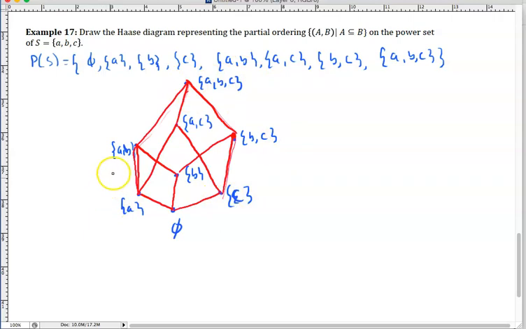Okay? And again, arrows are not necessary because the order follows from the bottom to the top. Okay, so this is an example of a Hasse diagram for this partial ordering of A being a subset of another in the power set of a set. Okay, so this ends this section right here.